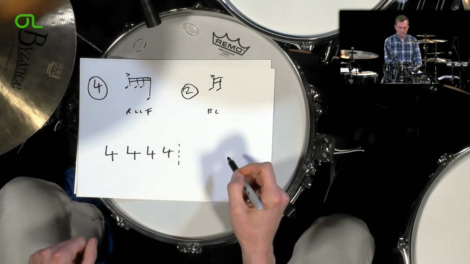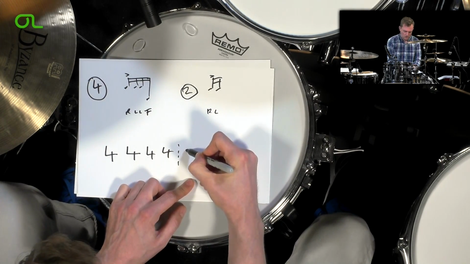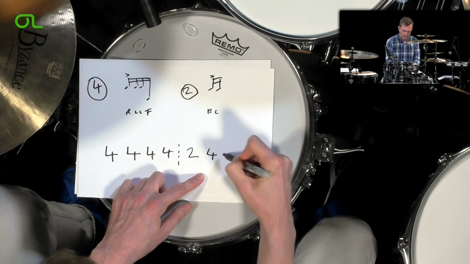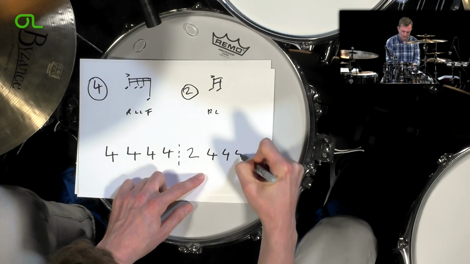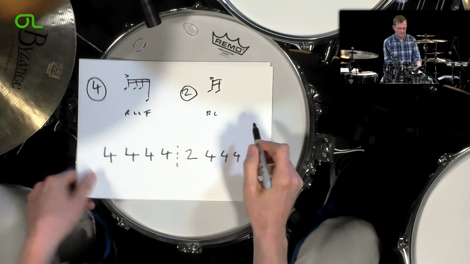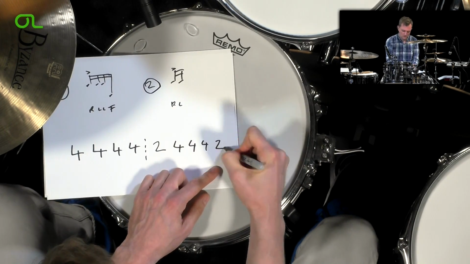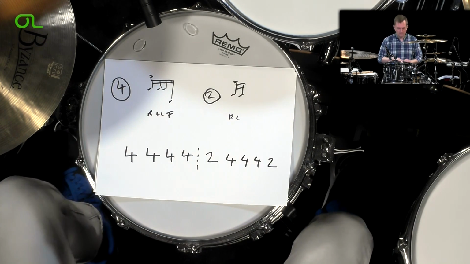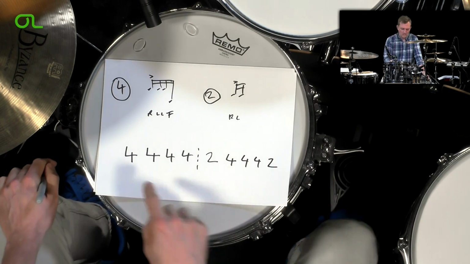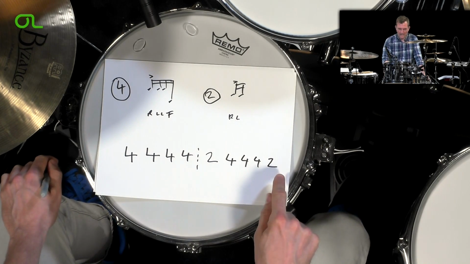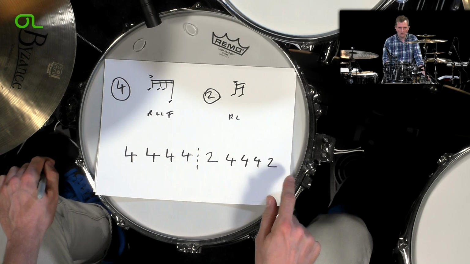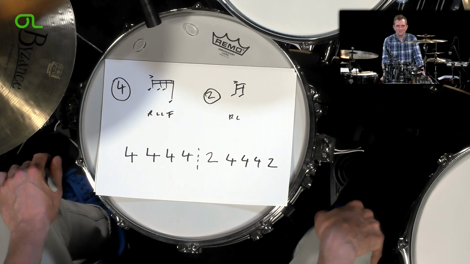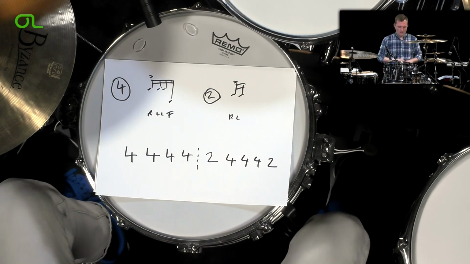And then bar 2 starts with a group of 2 notes. And then 3 times group of 4. And at last, the group of 2 notes to finish. So we have a 2-bar fill. So these numbers should add up to 32, because we play 32 16th notes in 2 bars of 4/4 time.